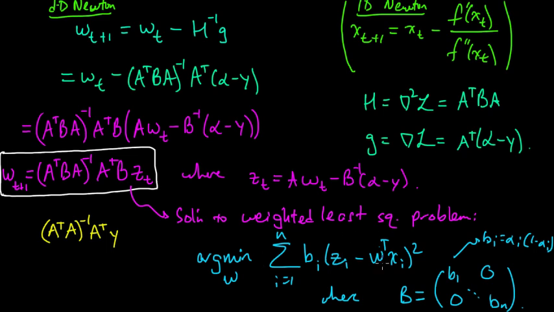It was minimizing something that looked like this, but without the b_i's. That was just a regular least squares problem. And now with the b_i's, it's called a weighted least squares problem. So these are the weights, b_i.